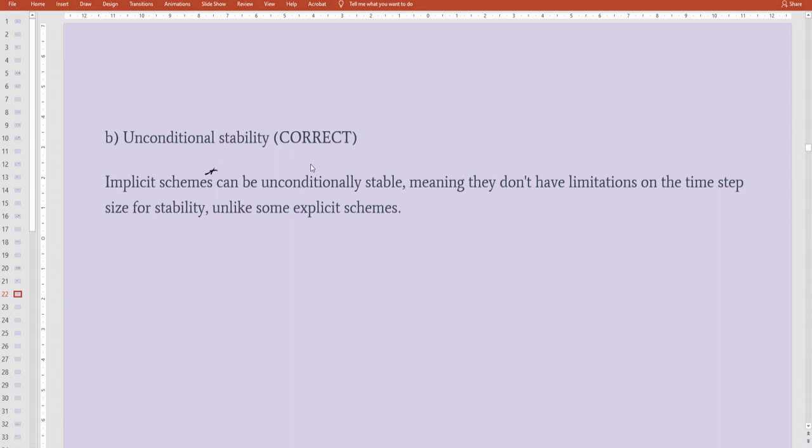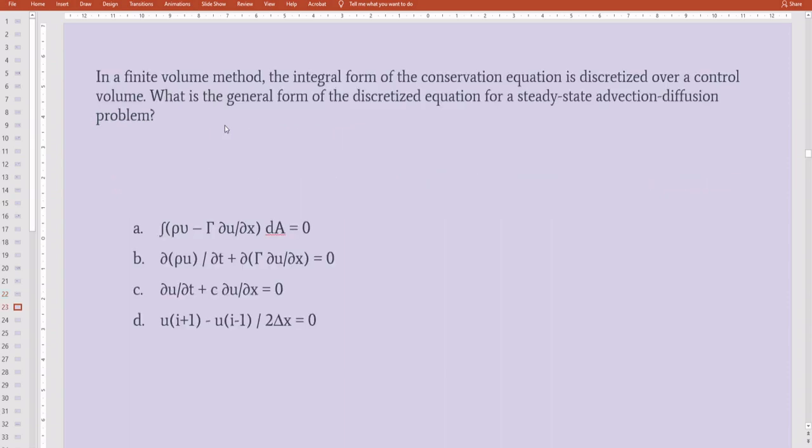Such schemes provide stability because explicit schemes may create unstable solutions or unstable oscillations. So implicit schemes are best known for their unconditional stability. Next question.